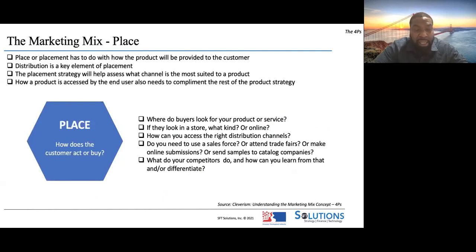Next, you want to think about the place, right? Where are buyers going to interact with your product? Is it going to be online? Is it going to be in store? Are there established price points for that good or service in that marketplace? So prices online tend to be a little cheaper than prices in store. Why? Because switching costs are higher for the consumer once they're at a retail location.